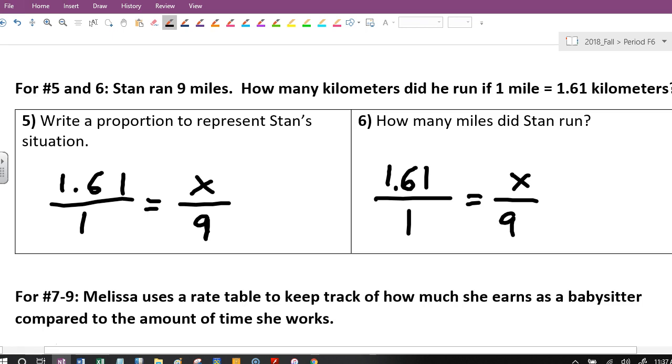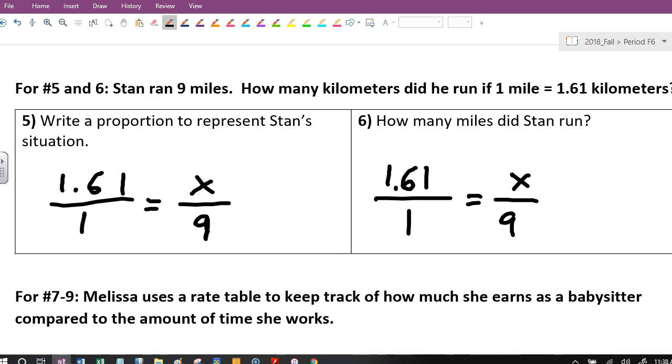Because you're going from miles to kilometers. Right, but in this equation, how did you decide to multiply times 9? Anybody help him out? Sophia. Because every 1 mile equals 1.61 kilometers. So if there's 9 miles, then 9 times 1.61 would give you the answer.